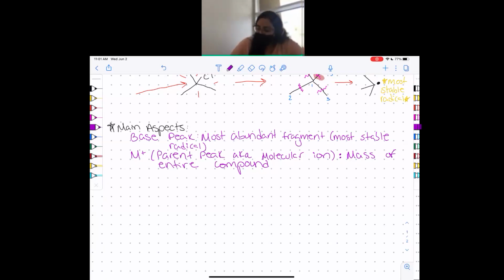After the M plus peak, you mentioned the M plus one peak. The M plus one peak is literally going to be 1 unit down from the M plus peak, and this is going to tell us more information about our carbon and hydrogen isotopes.